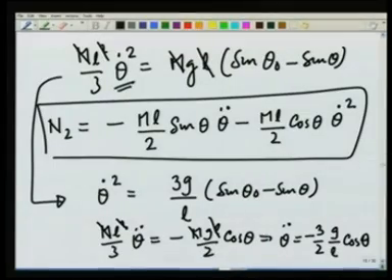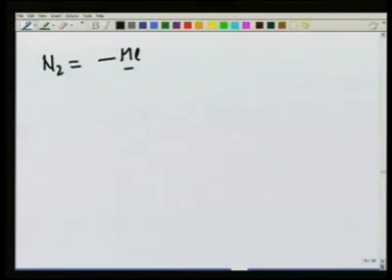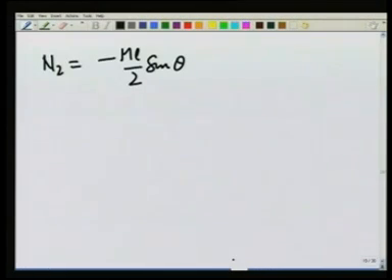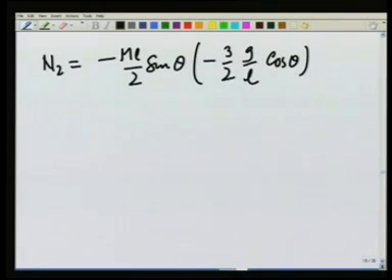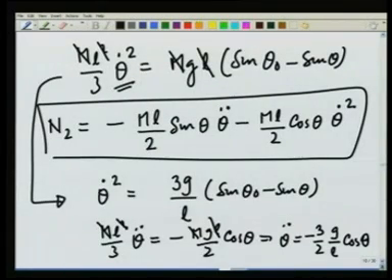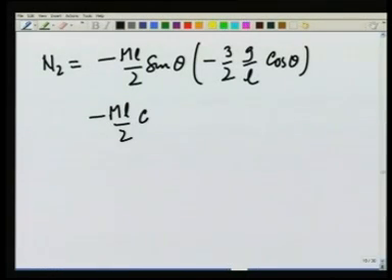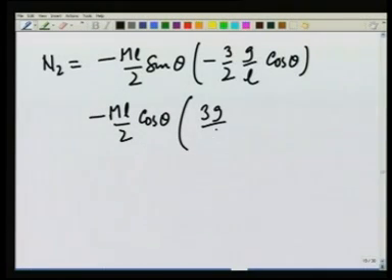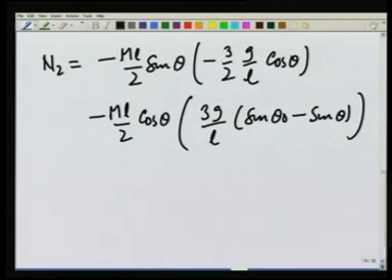we get N2 is equal to minus ml over 2 sine theta, and let me substitute for theta double dot, which is minus 3 over 2 g over L cosine of theta, and the next term is minus ml over 2 cosine of theta, and for theta dot square I get 3g over L into sine theta 0 minus sine theta.